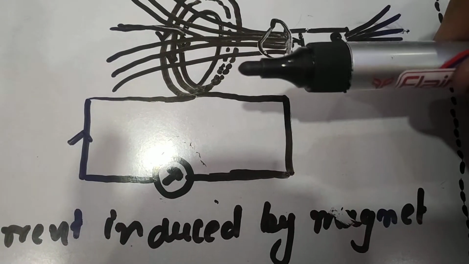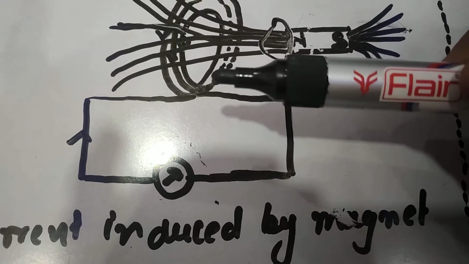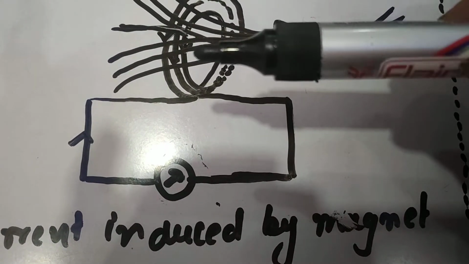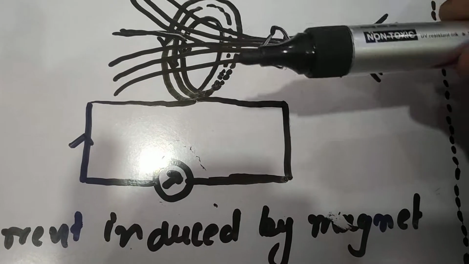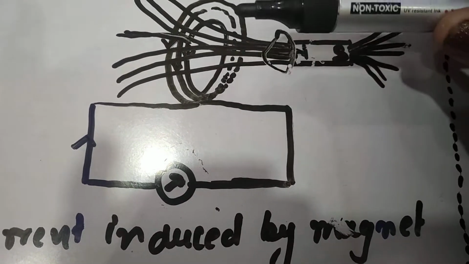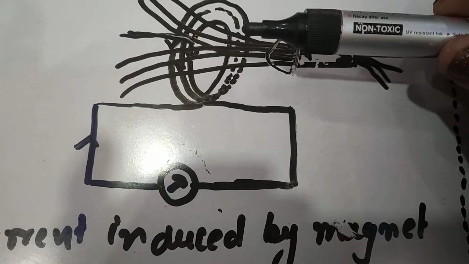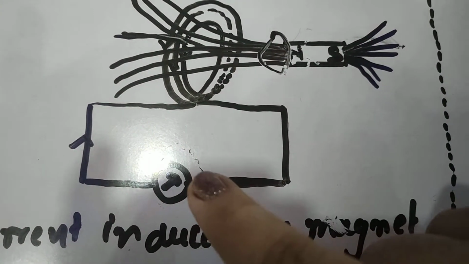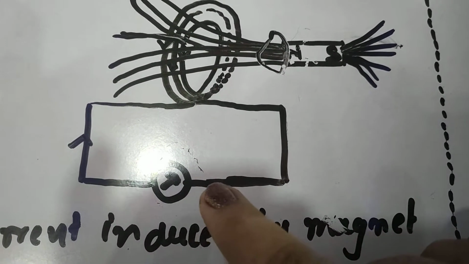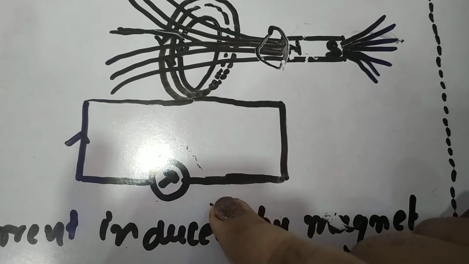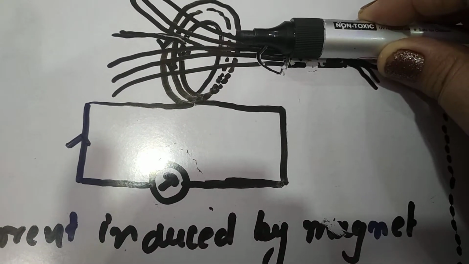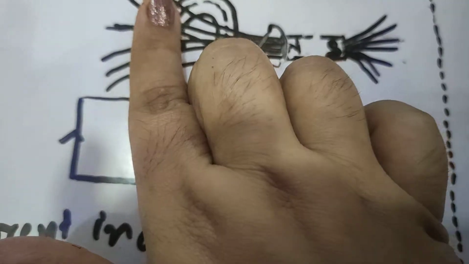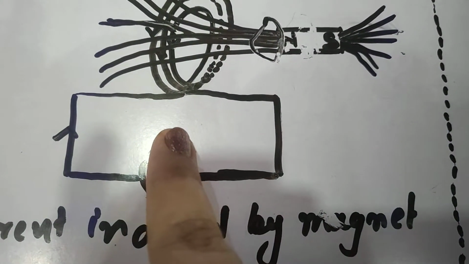One more thing to be noted is that when this magnet is rotated about its own axis like this, there is a change in orientation, and suppose we are changing its position also like this, in both cases there is no deflection observed. Why would this happen? Because in both cases the strength which is reaching the coil is fixed.